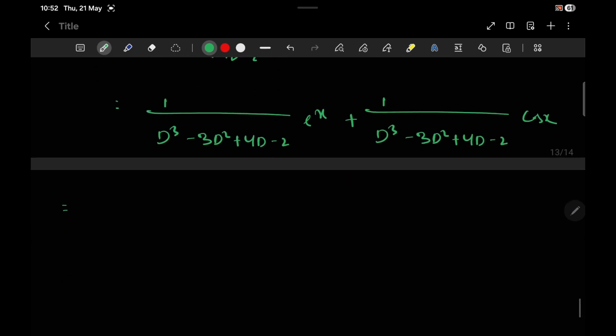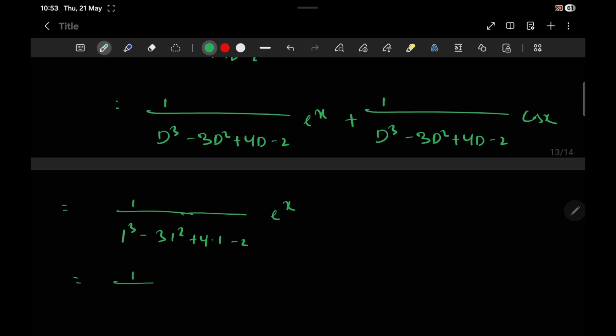So this becomes 1 by, here the e to the power x is e to the power 1x, so here a is 1, so 1 cube minus 3 into 1 square plus 4 into 1 minus 2 into e to the power x.